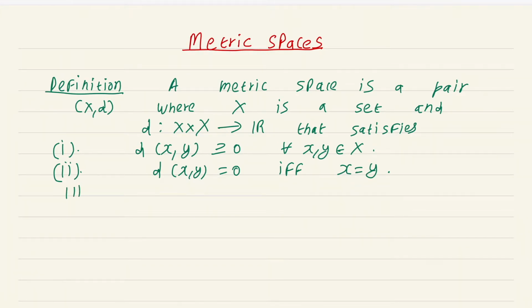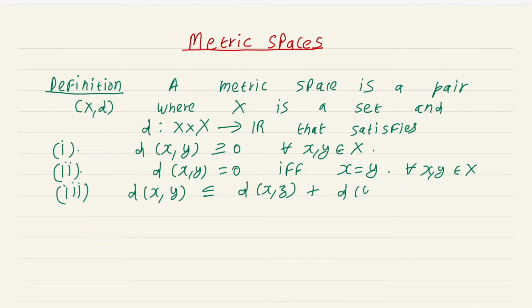And number 3, of course this is also true for all x, y in X. Number 3, d(x,y) is less than or equal to d(x,z) plus d(y,z) for all x, y, z in X.